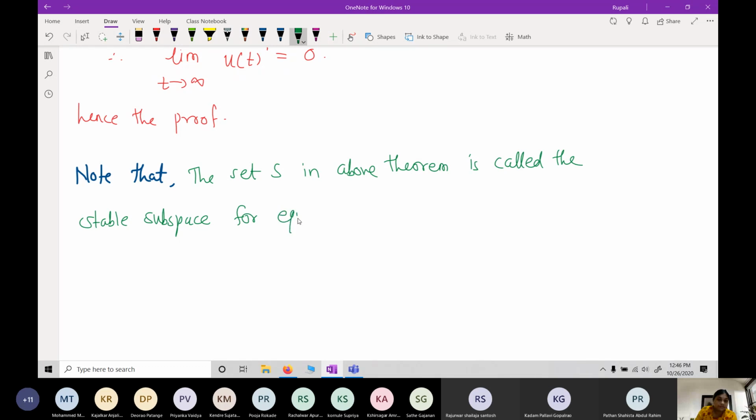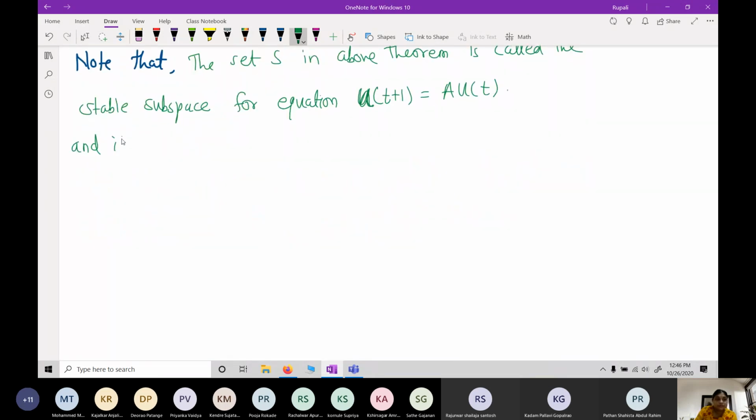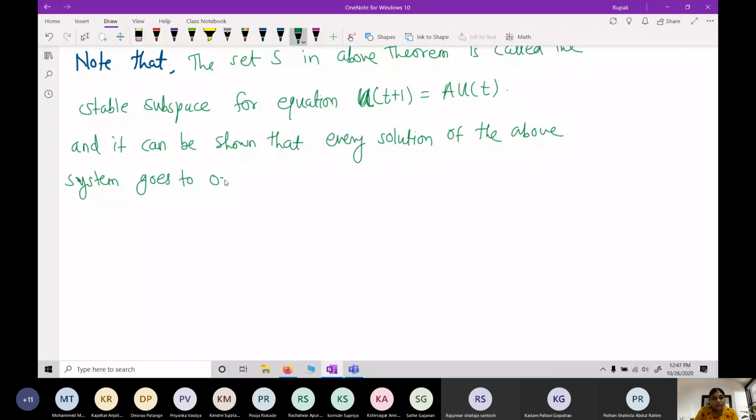For equation 4.4, which means u at t plus 1 is equal to A times u at t, it can be shown that every solution of the above system goes to the origin as t tends to infinity.